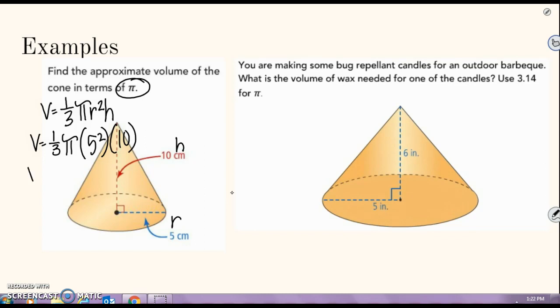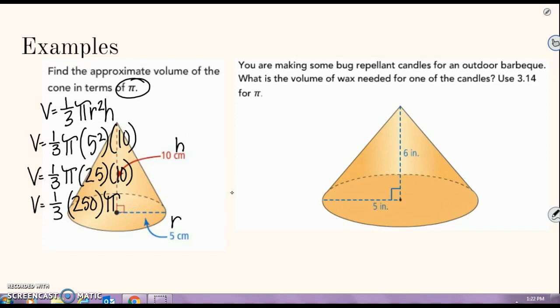So we're first going to square our radius. 5 squared is 25. And then we multiply that times our height. So we have 1/3. Now I'm going to multiply 25 times 10, which is going to give us 250. And that is multiplied by pi in the end.